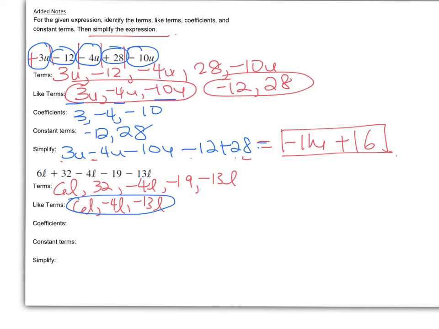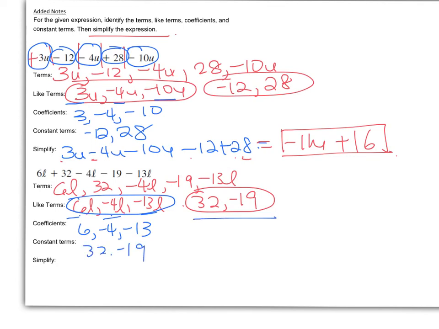And we have positive 32 and negative 19. Okay, and then we have the coefficients, 6, negative 4, and negative 13. The constant terms, 32, negative 19.